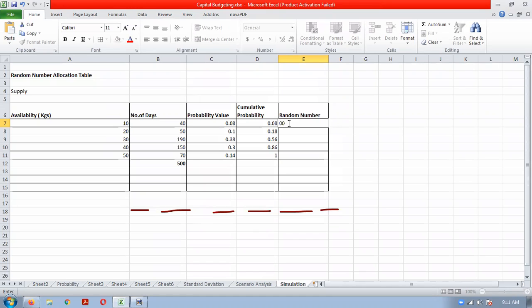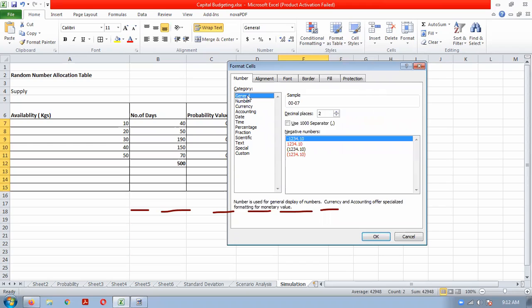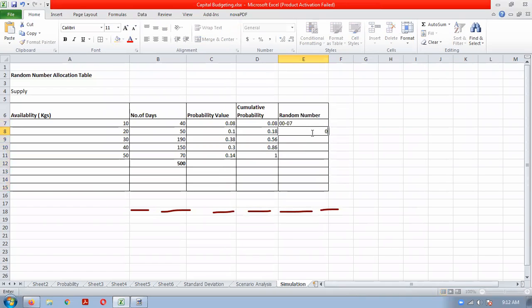We will start from 00 to 07. Then 08 to 17. Then 18 to 55. Then 56 to 85. Then 86 to 99.